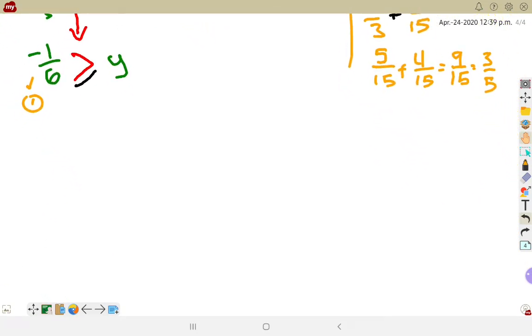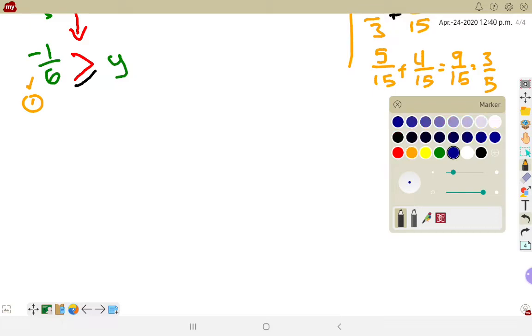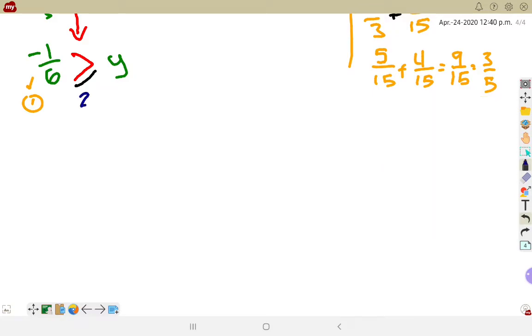So the second part, I now need to try something that is actually less than -1 over 6. We said -1 over 6 is greater than or equal to y, so I have to pick something that's actually smaller than -1 over 6 now.